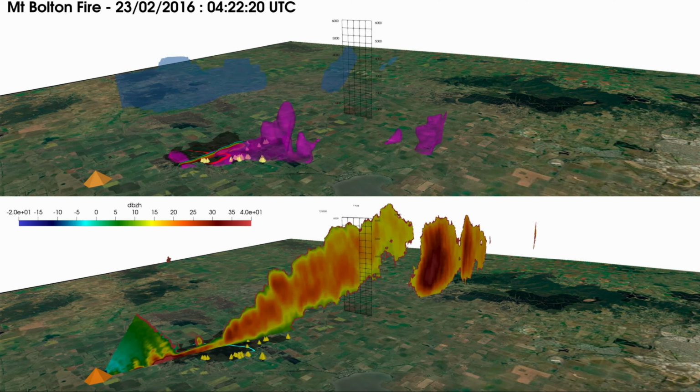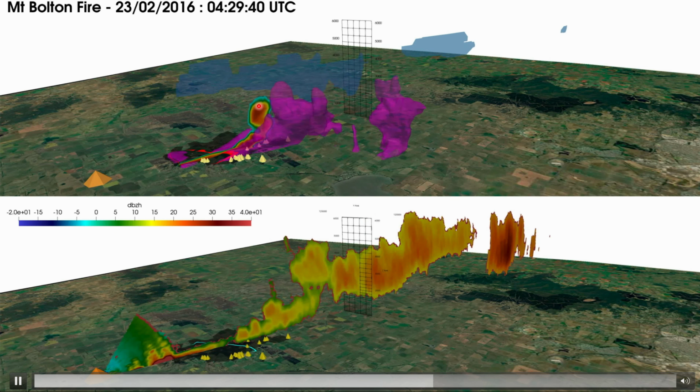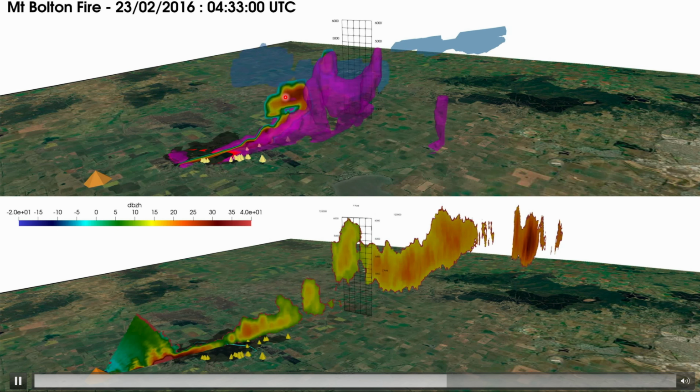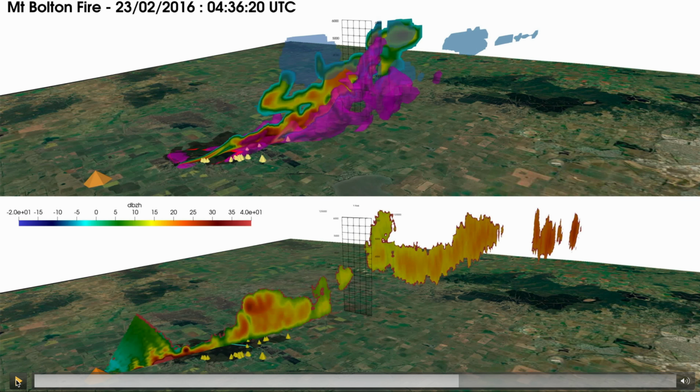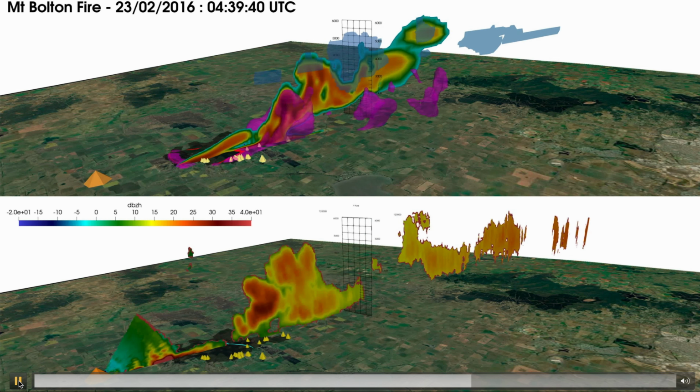You see that the simulation is now starting to get more convective. The plume is developing, and firebrand mass is going to achieve higher distances as well. If I pause it here, you see that the height is roughly around 5,000 meters in the simulation, and similarly 5,000 to 6,000 meters in the observations. Also, when you look at the big structures, they are traveling at the same speed.